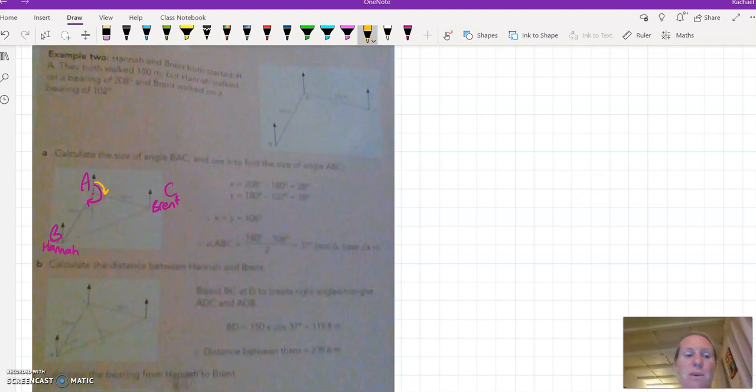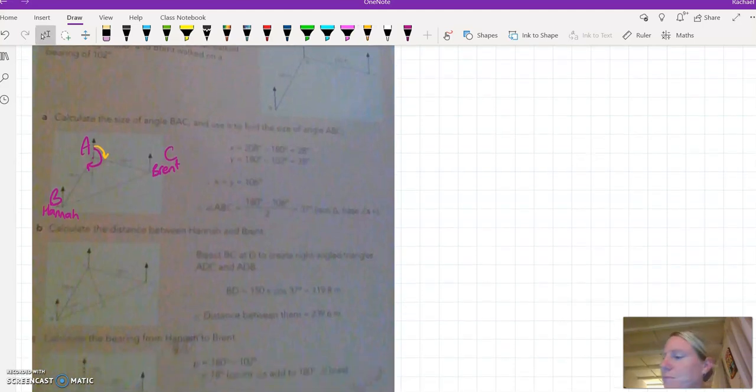Okay, so therefore, angle ABC, where are we at? So angle ABC, we're wanting this wee guy in here. Okay, we know now that this guy here is 106 degrees. We have been told that Brent and Hannah both travel for 150 metres. So, in other words, those sides are equal. It's an isosceles triangle.